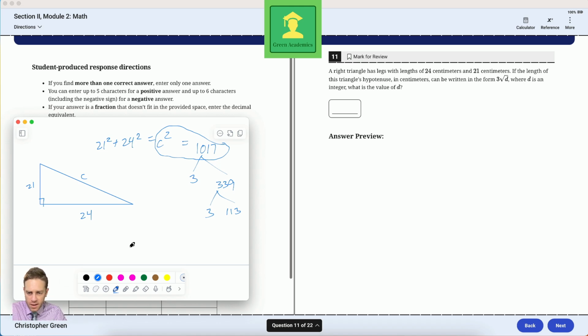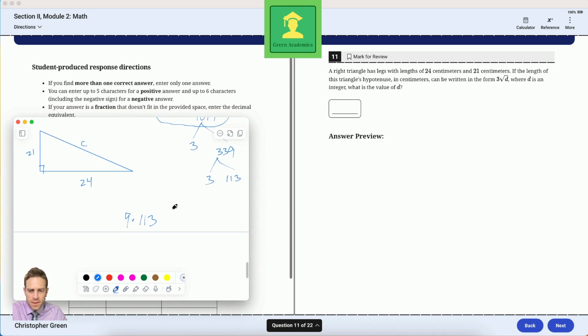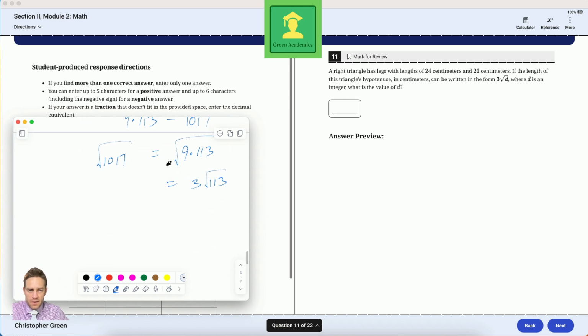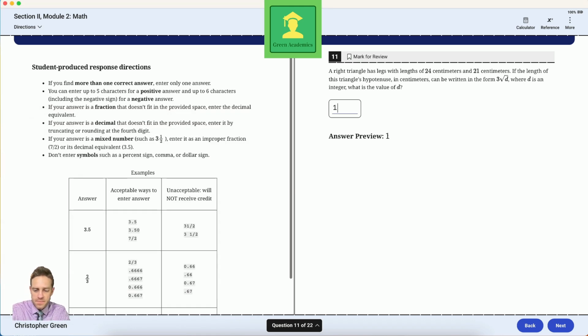So I'm looking at 9 times 113 being 1017. So root 1017 could have been thought of as root of 9 times 113, which comes out to 3 root 113. Yeah. And if 3 root 113 is 3 root d, then of course d just is 113.